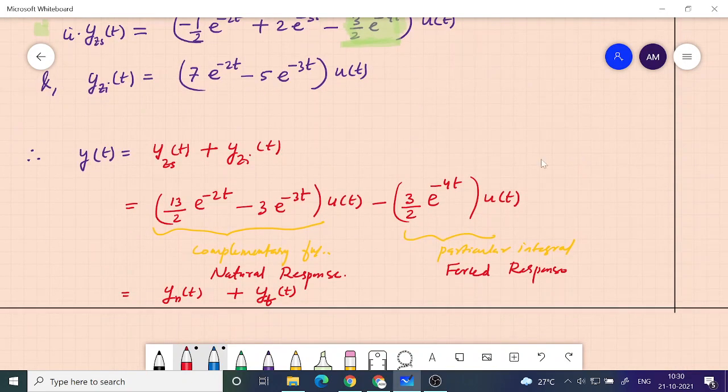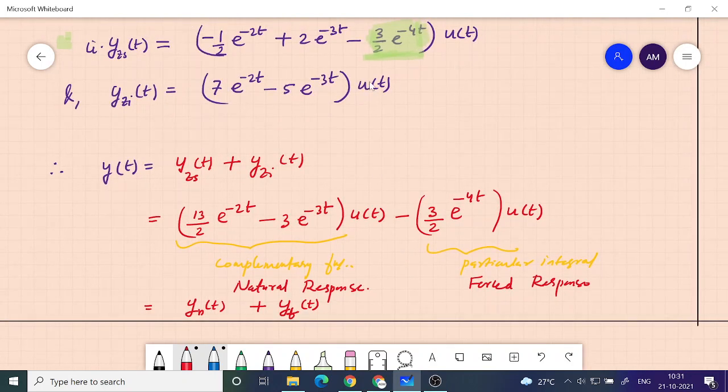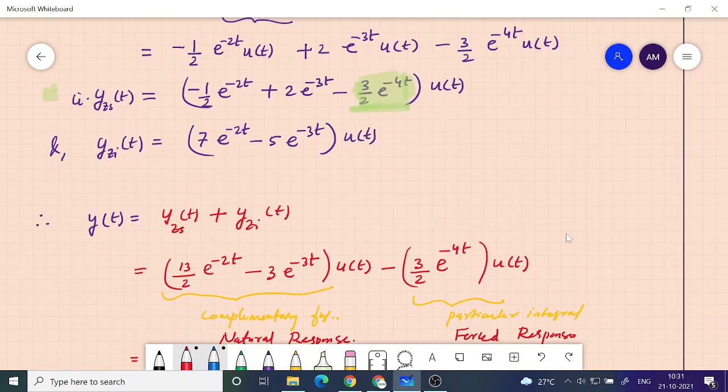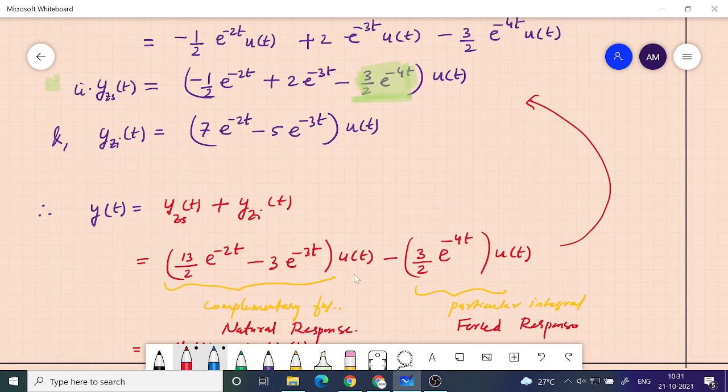But when you do it in the mathematical way, that information you will miss out. There is no way you can go back, but you can always come to this, right? If I say can you go back from this to that, that is from the mathematical result, there is no way you can do that, because how do you split the natural response, so that one part will go to the zero input response, and the other part will go to zero state response?